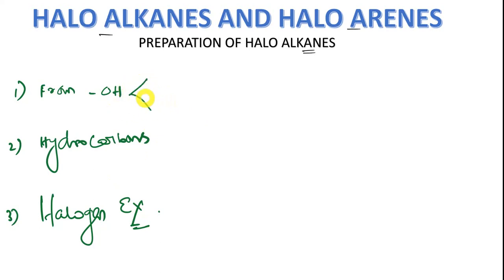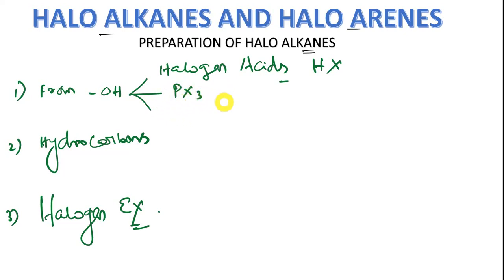From alcohols we can go for three methods. One is from halogen acids, HX, another method is from phosphorus trihalides or phosphorus pentahalides, or thionyl chloride.